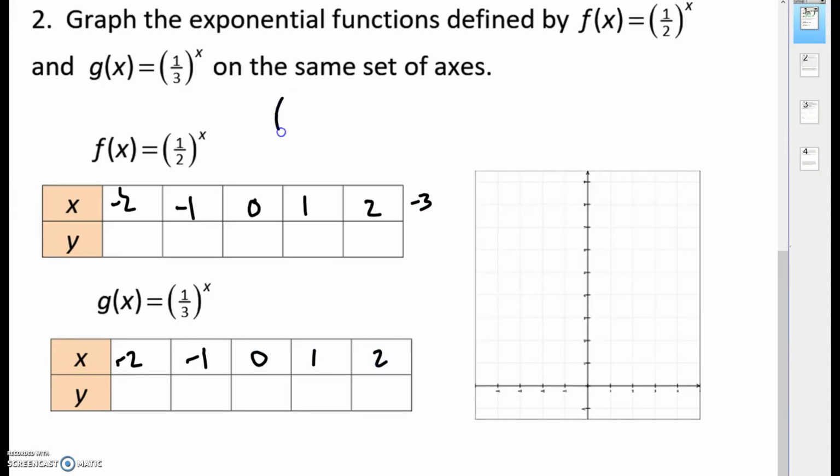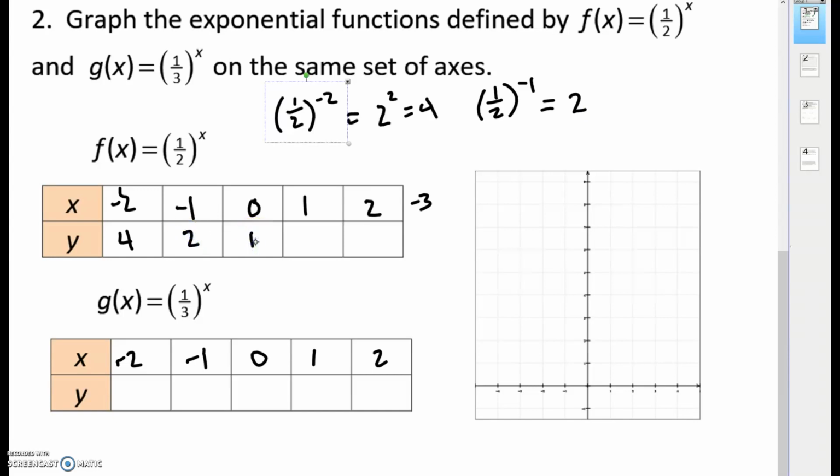If I take 1/2 and raise it to the -2, that's the same thing as flipping it and doing 2 squared, which is 4. Similarly, 1/2 to the -1, we flip it because it's got a negative exponent, and we just get 2. Anything to the 0 is 1. Anything to the 1 is itself.